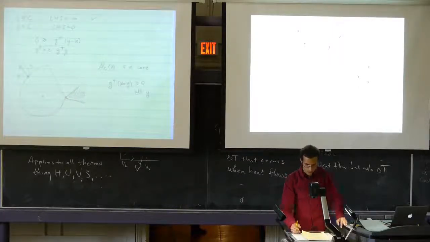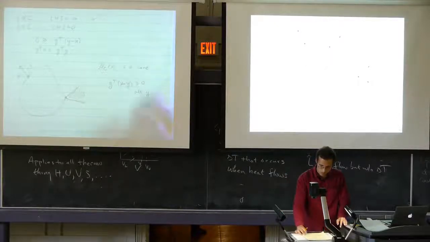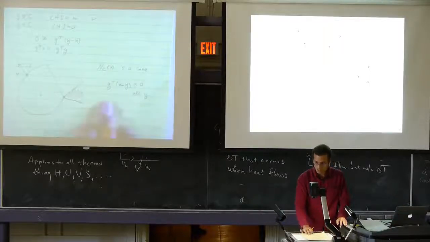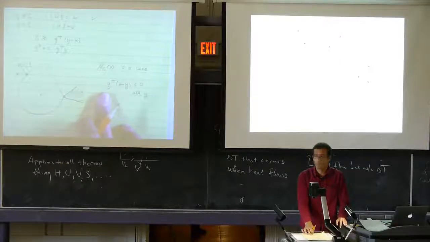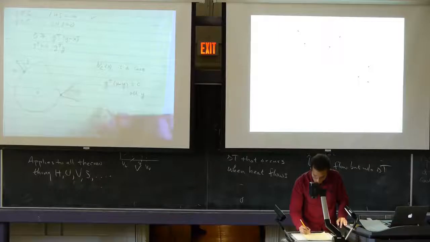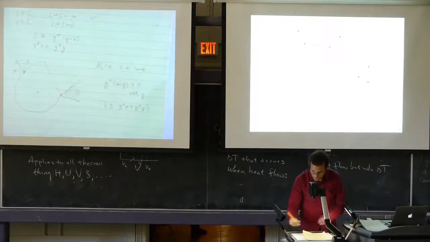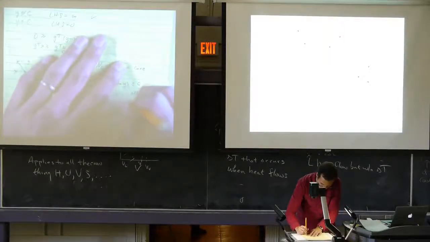Right, so if I look at any single point y, not sure how helpful this is going to be, but for a single point y, the set of g's that satisfies this is a half space. It's the set of all g's for which g transpose x is bigger than or equal to g transpose y.